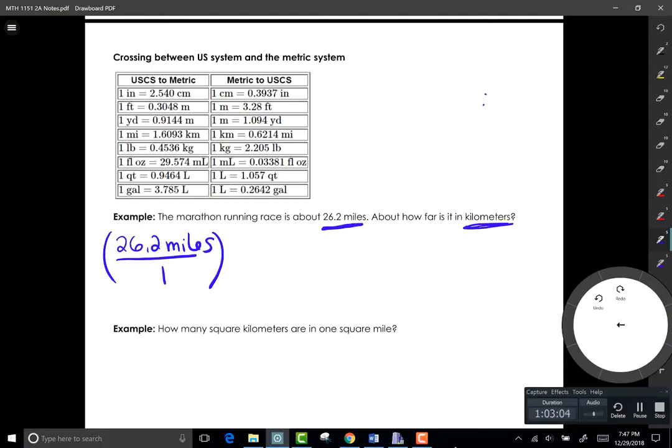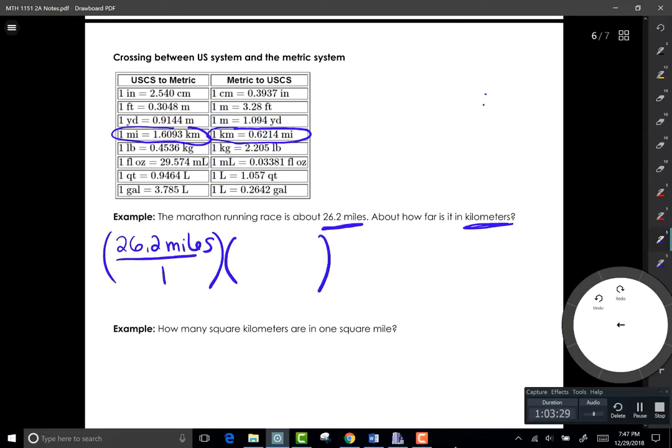Okay, so if I look here, it looks like I have 1 kilometer is equal to 0.6214 miles, or I could also use 1 mile is equal to 1.6093 kilometers. Either way, whichever one we use, we're still going to get the same answer. It doesn't matter which one you use.